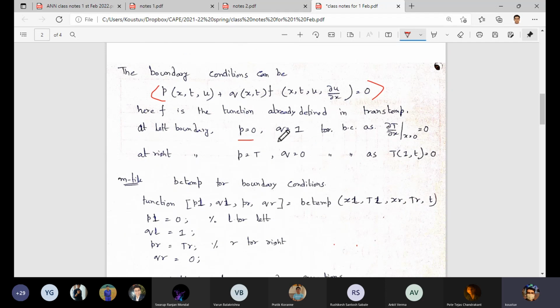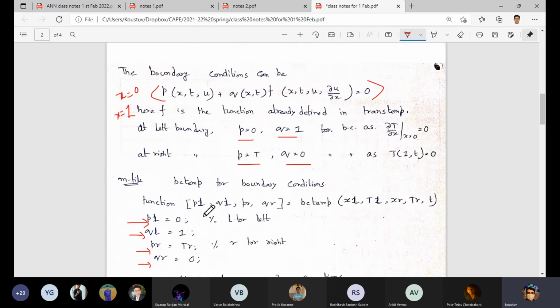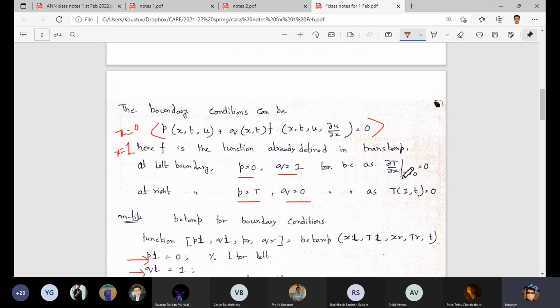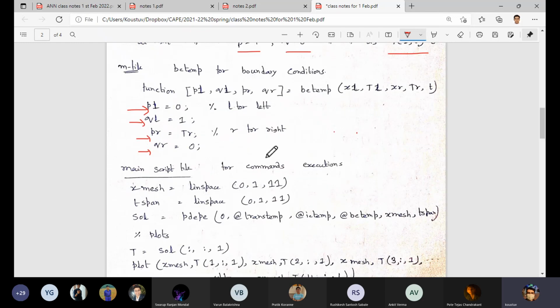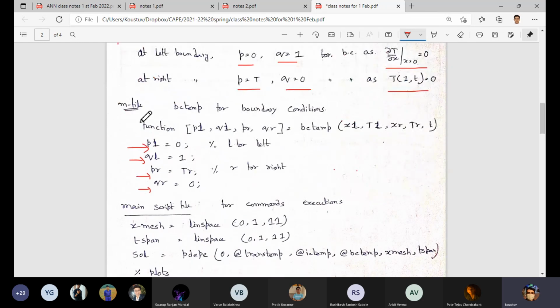So here we have to define what P and Q are, for the boundaries at x equals 0 and x equals 1. As we can see, one of the terms will be 0 and one will be 1 for left and right accordingly, in order to match these two types of boundary conditions. These numbers you have to specify in the MATLAB function file.